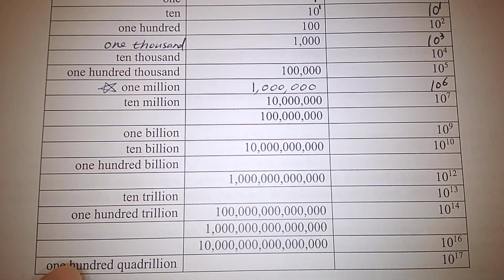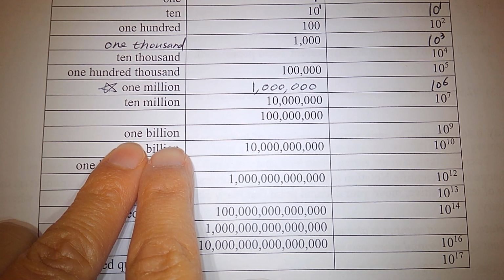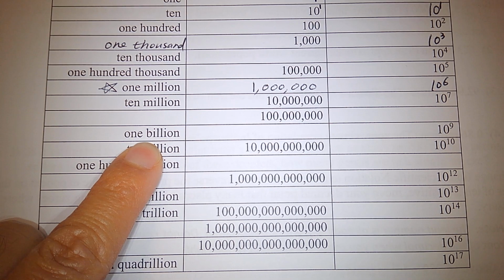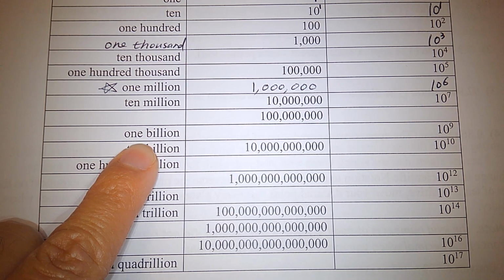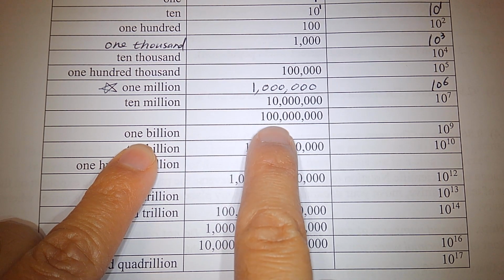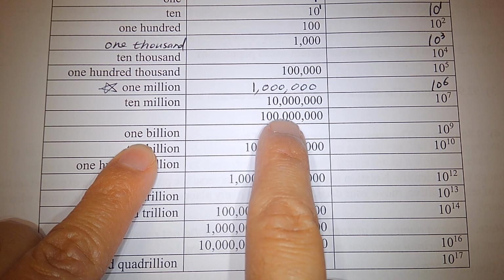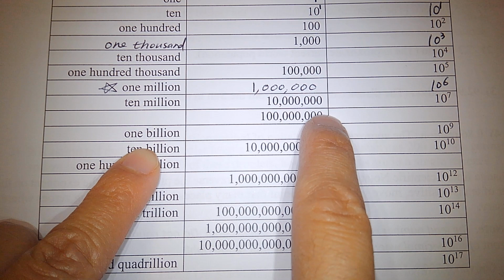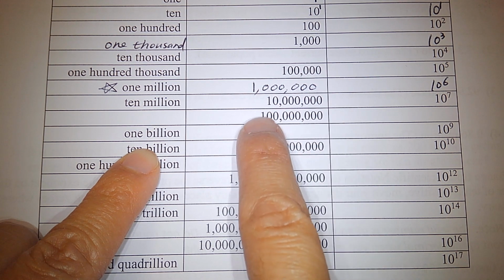All right, now let's look at the next one that I want you guys to pay attention to. How about 1 billion? How to write 1 billion? The previous one is 100 million, right? So 1 billion should be what? We should add 1 more zero after this number.